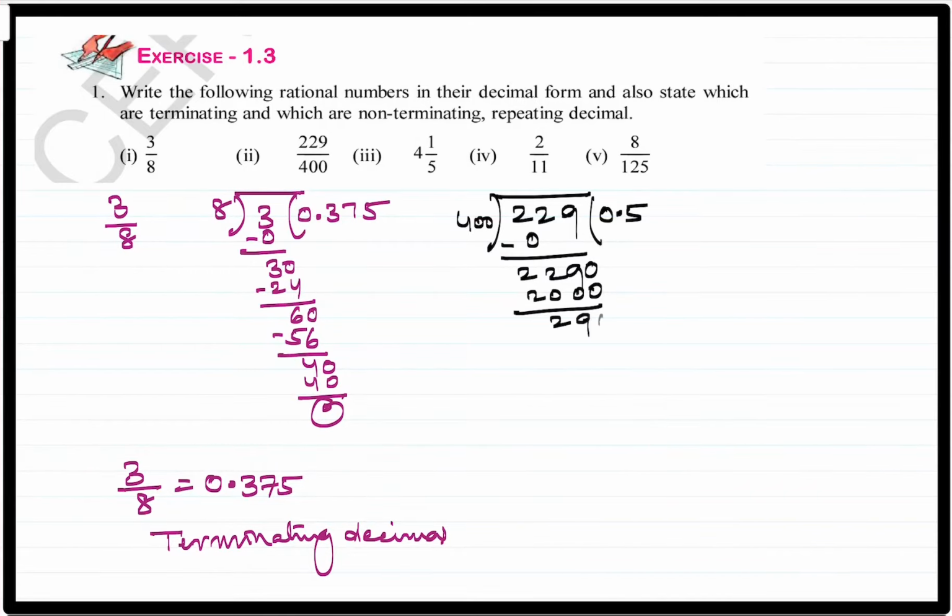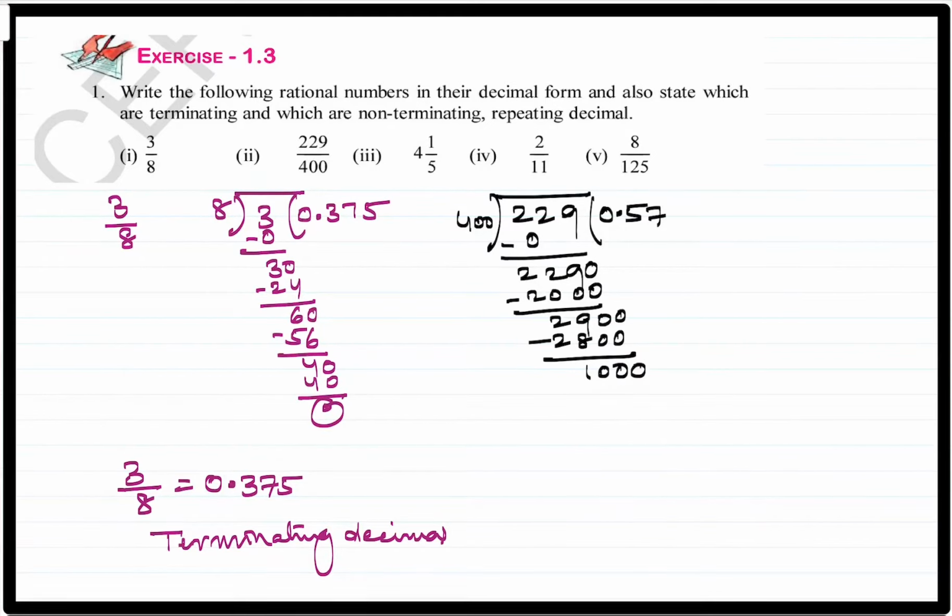Now the remainder is 290. Again you can keep the 0, it becomes 2900. How many times will 400 go? 7 times, 2800. After subtracting 2800 from 2900, we get the remainder 100.